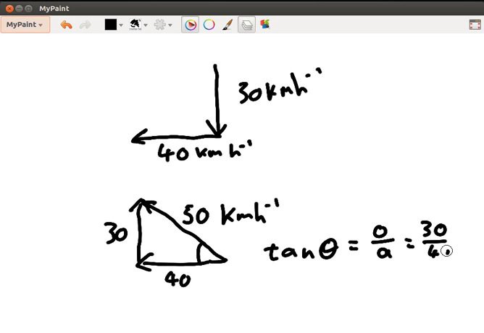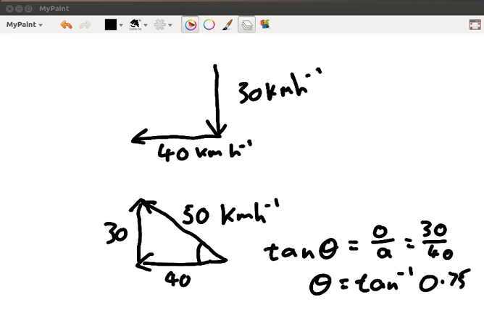over 40. So theta is going to equal the inverse tan of 0.75. Plug that into your calculator and you'll get an answer that says it's west 37 degrees north.